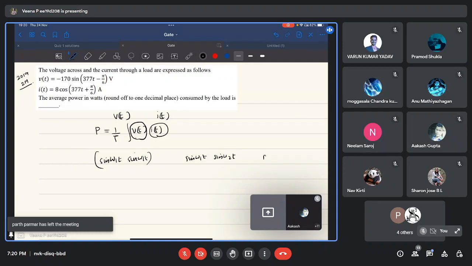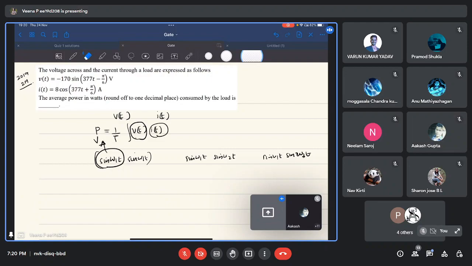The third component is sine omega 1t times sine omega 3t, where sine omega 1t is of voltage. My voltage has only the fundamental, I am taking the simple case, but my current has omega 1, omega 2, and so on. We are trying to prove that only similar frequencies constitute active power. Is our aim clear?